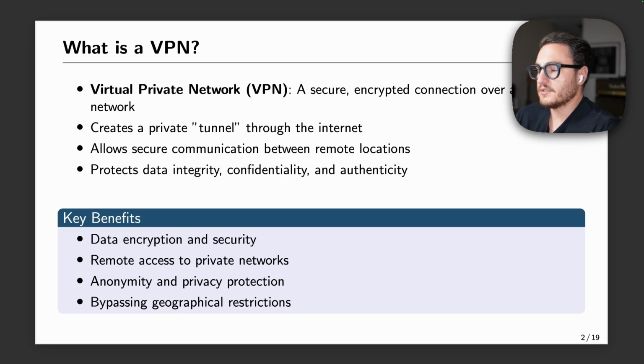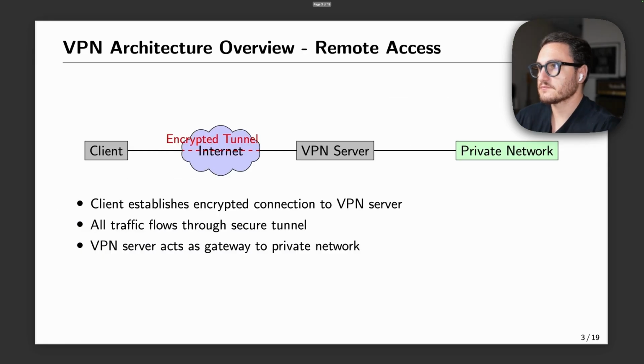So a clear aspect of a VPN is data encryption and security, as to allow remote access to private networks, as to protect the privacy, and as to bypass geographical restrictions. So think about global remote workers. They can work from wherever they want, and they need to be able to access the corporate facilities.